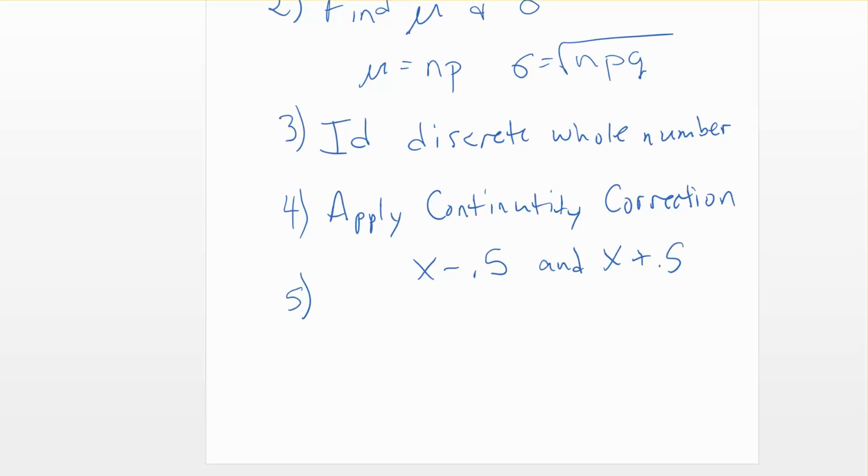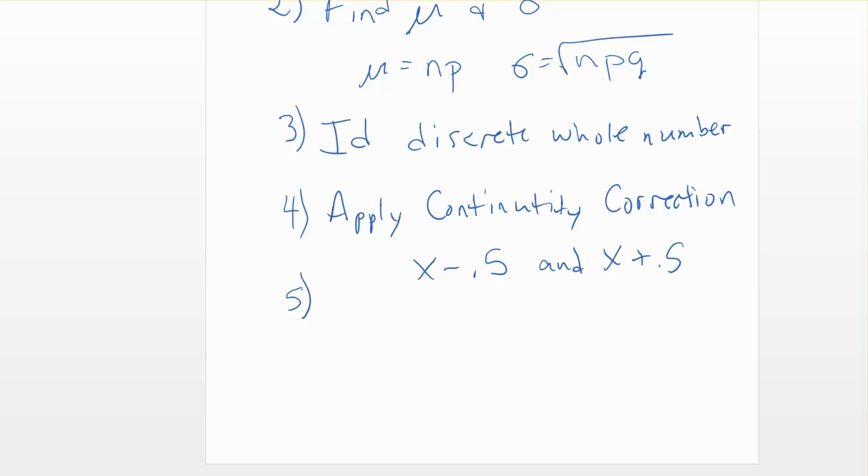Okay, so step 5 then is, and the way the book says, let me read what the book has. It says, determine whether the value of x itself should be included in the probability you want. For example, at least x does include x, but more than x does not. So we want to determine based on the wording whether we're going to include the 1150 in our shading or not.